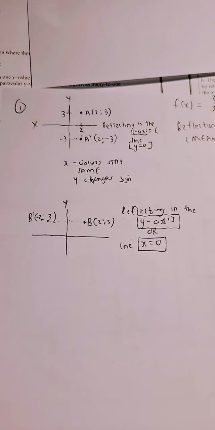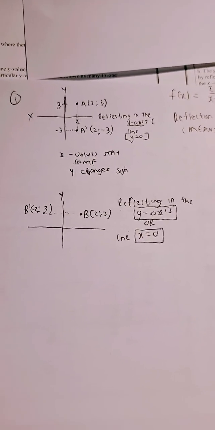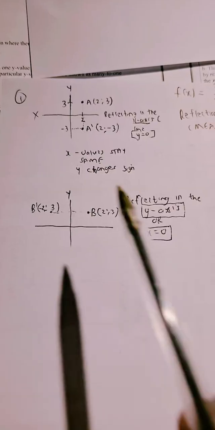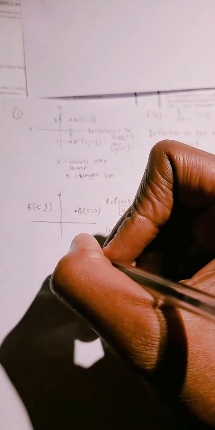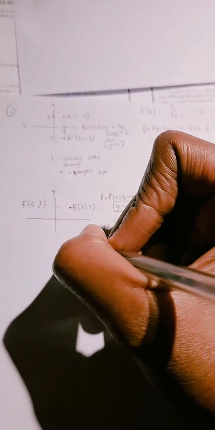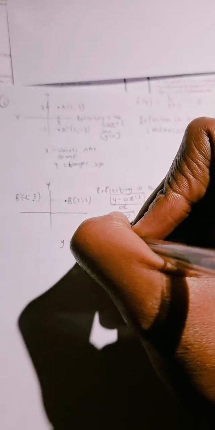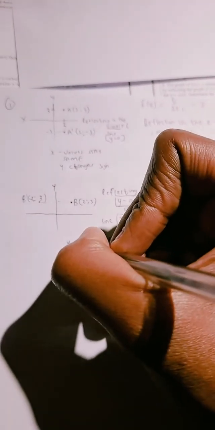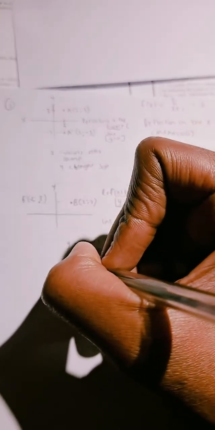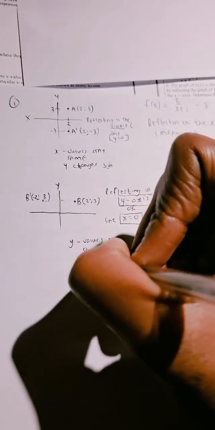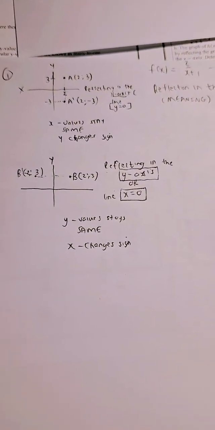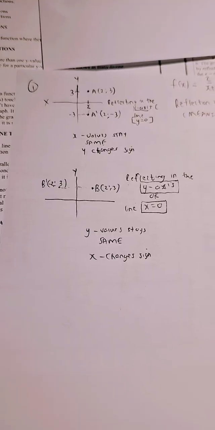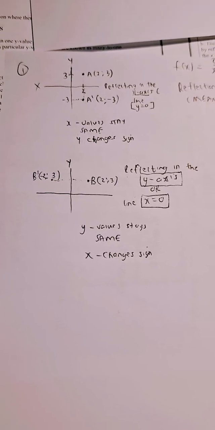So please understand the language, whatever they say. So if we're reflecting along the y-axis, what is happening this time? The y value stays the same. X will change sign. Same number, different sign.